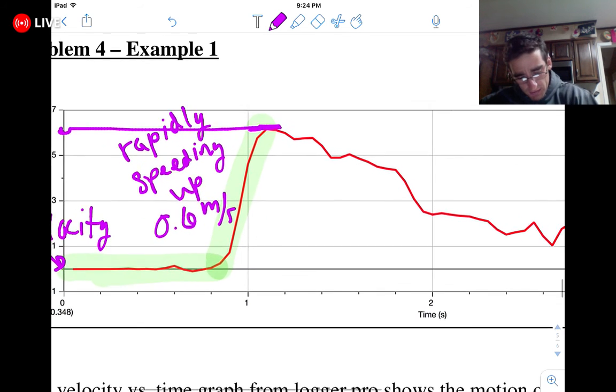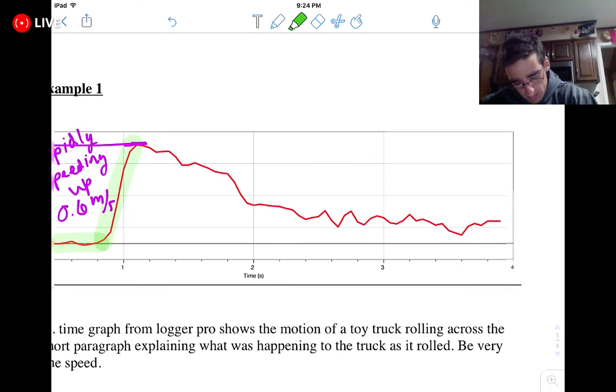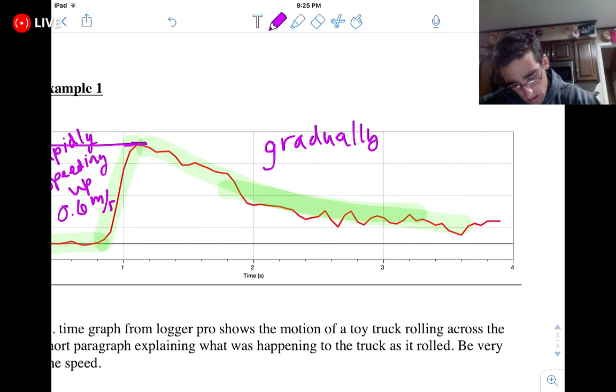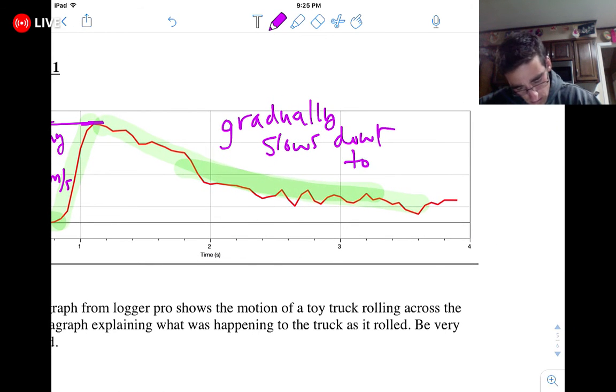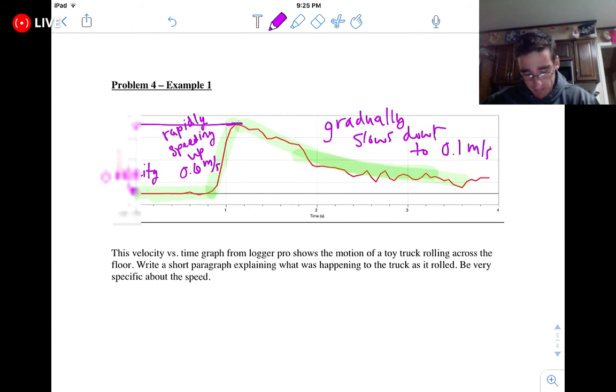And then for this next section, for pretty much the rest of it, it gradually slows down, almost back to zero, but really back to about 0.1 meters per second. Now that I've looked at some different parts, I can talk about what happens.